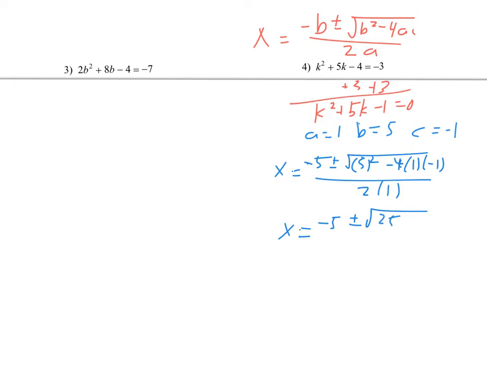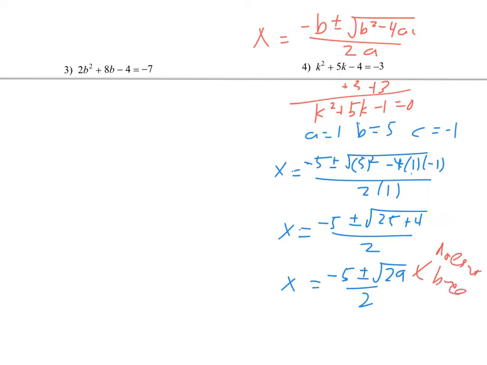And then negative 4 times 1 is negative 4, times negative 4 is actually plus 4, all over 2. And so then I get negative 5 plus or minus the square root of 29 all over 2. Now 29 actually doesn't break down. And so since that does not break down, I'm not going to be able to simplify it, so this is just my answer.